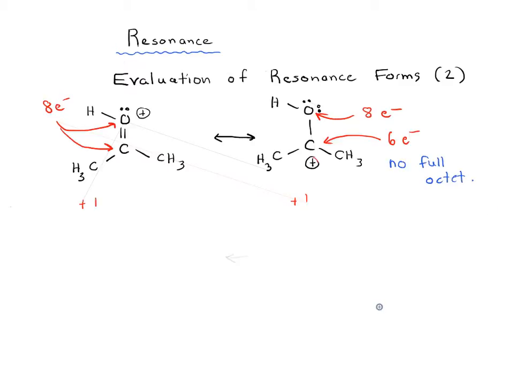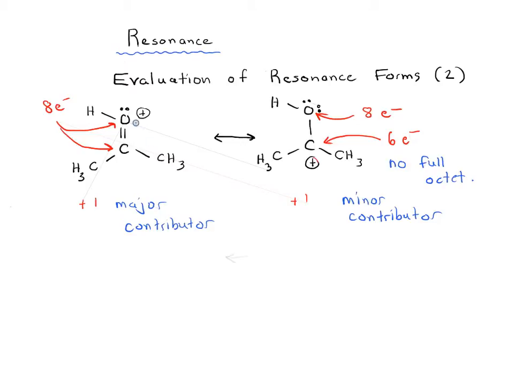And because it lacks a full octet, this is actually going to be a minor contributor to our resonance hybrid, and this is going to be a major contributor because every atom here follows the octet rule.